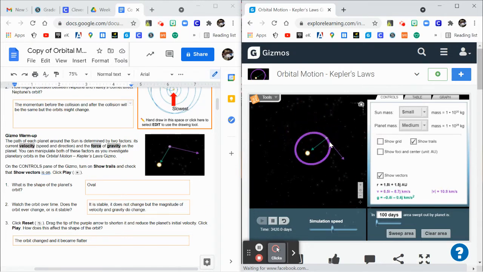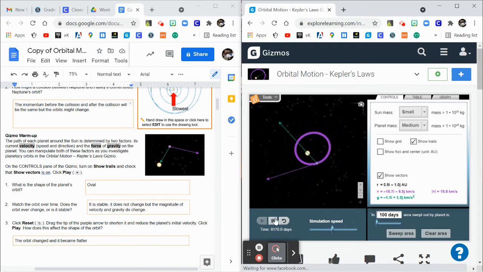The green arrow is always pointing towards the sun, the star, the stellar body that gives gravitational pull to the planet going around it. And the velocity is always changing as well.